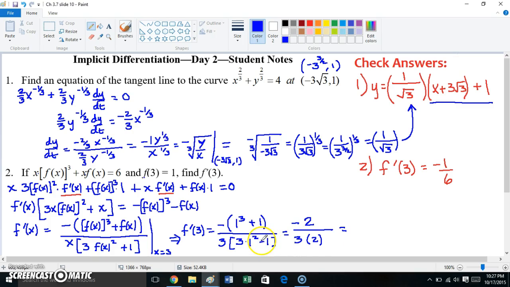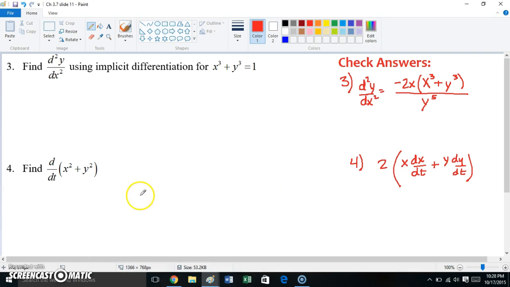Oh, made another mistake. That should be a plus. And so this is going to be 3 times 4 in the denominator. All right, better. Let's reduce by a factor of 2, so we're going to get negative 1 over 6. Phew, thank goodness. Gotta watch the algebra.